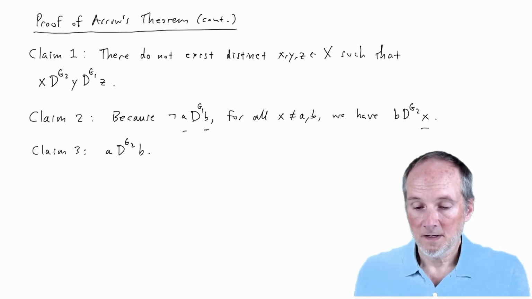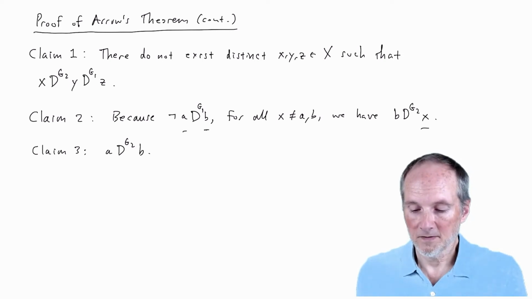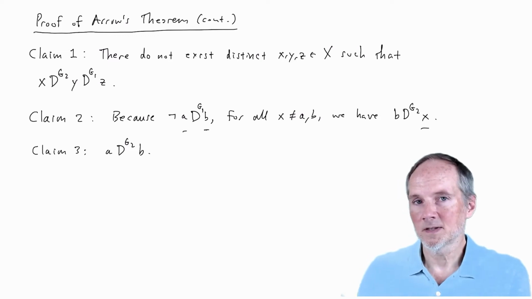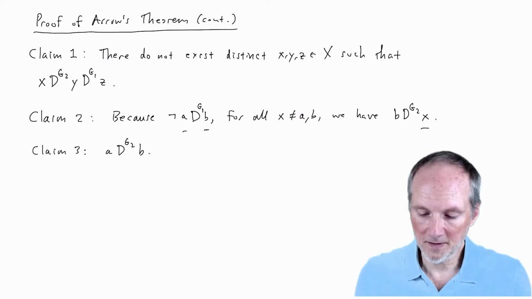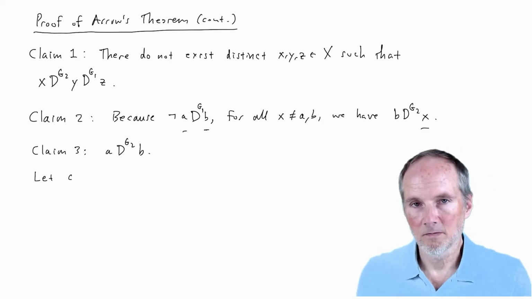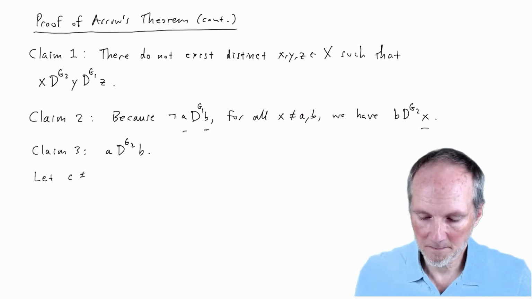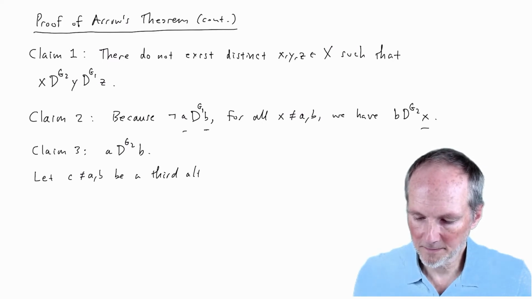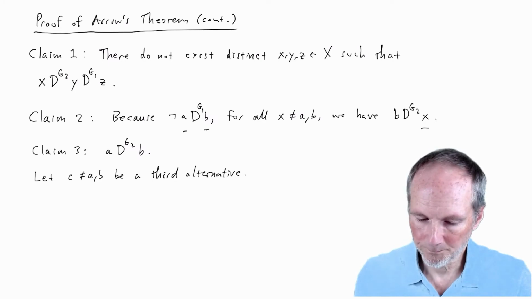Remember, one of the assumptions of Arrow's theorem was that there are at least three alternatives. So here I have a claim about A and B, but I know there's at least one other alternative out there. So let's pick one of those alternatives. Call it C. So C is a third alternative.